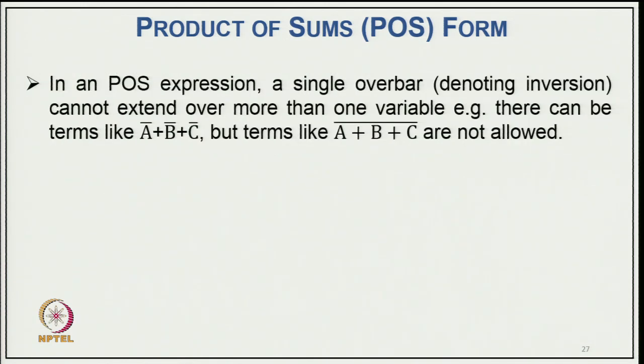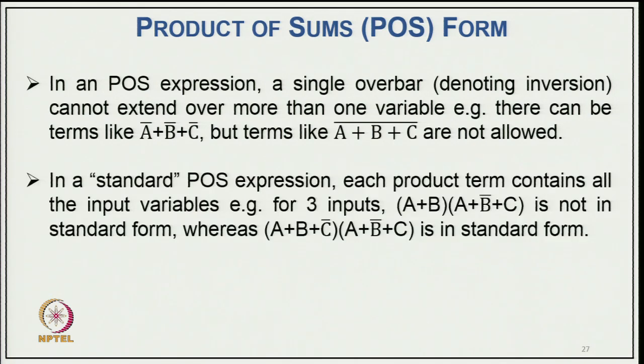In the product of sum expression, a single bar denoting inversion again cannot extend over more than one variable. For example, there can be a term like A' + B' + C', but a term like (A + B + C)' is not allowed. In a standard product of sum expression, each sum term contains all the input variables.